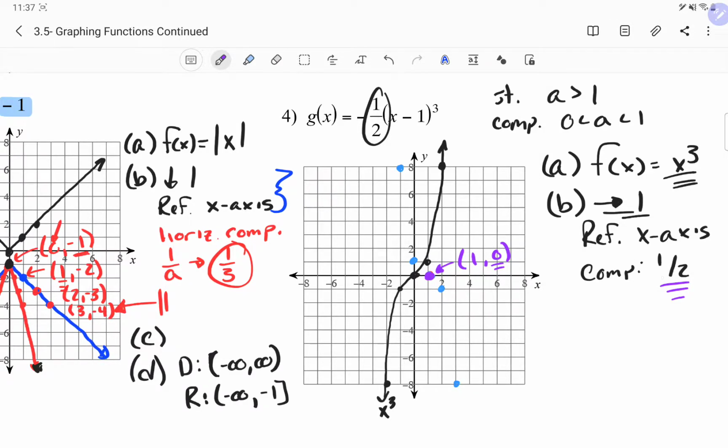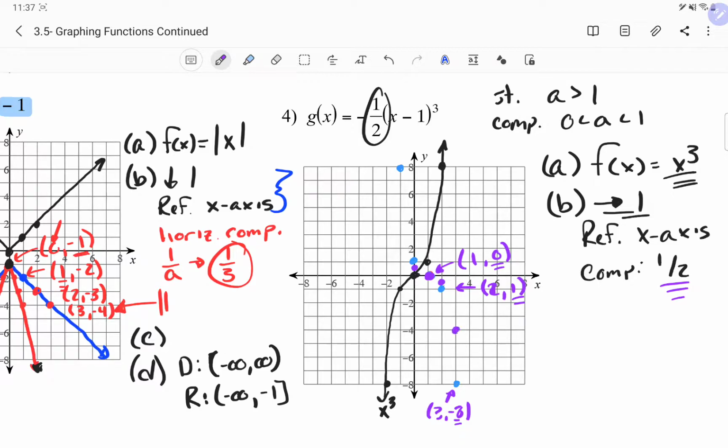Then we do the same thing to this one. Remember that this is 2, 1. Multiply the y value by 1/2, and we get this. Do the same thing over here, we get this. Then we take a look at this one. This one is 3, -8. We multiply the y value by 1/2, and we get 3, -4.